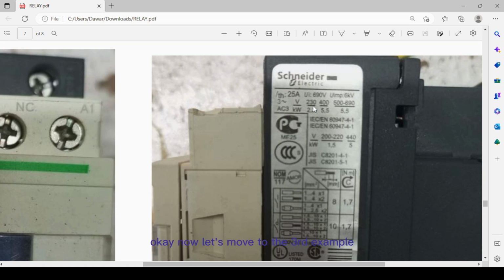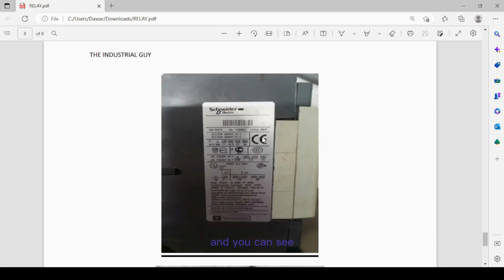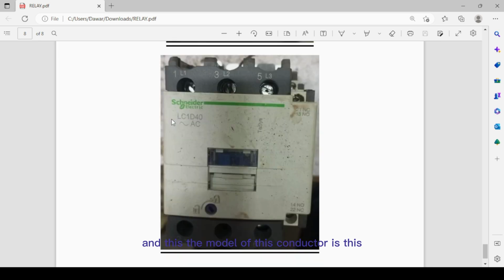Okay, now let's move to the third example. You can see the model of this contactor is this, and these are the main contacts of this contactor.